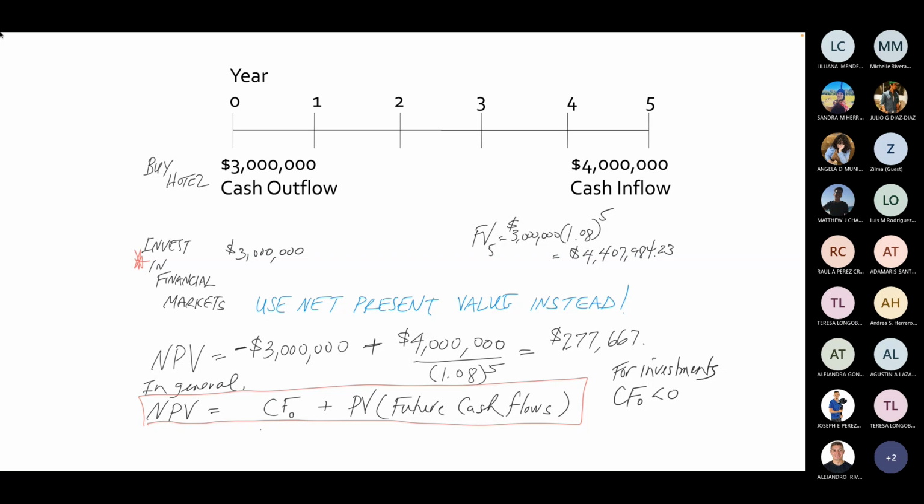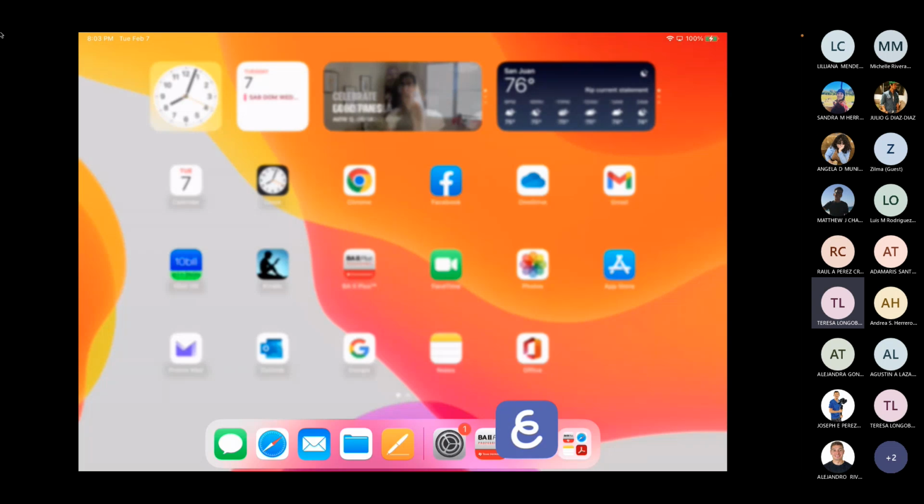Mm-hmm. I'm not quite sure. Is that what everybody gets? What do other people get? So you could use the present value, finding the present value of 4 million for 5 years at 8%.